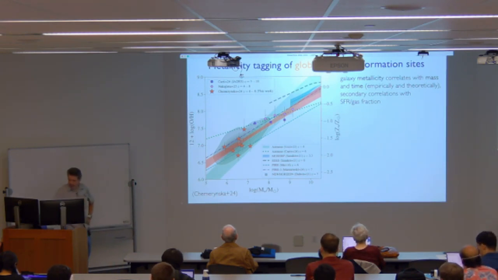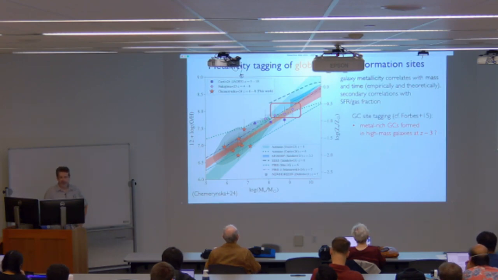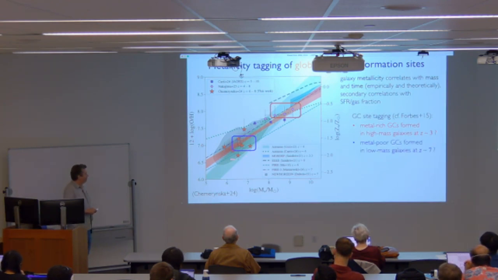I'll put on here where the metal-rich clusters would be, say, in this range. So we're looking at potentially some relatively high mass galaxies at redshifts of a few, which is the natural place to form those. This is like the cosmic noon star formation. And the metal-poor ones, those would be lower mass galaxies at redshifts of, say, 7, just kind of a guess. So this is all early days of figuring this stuff out.